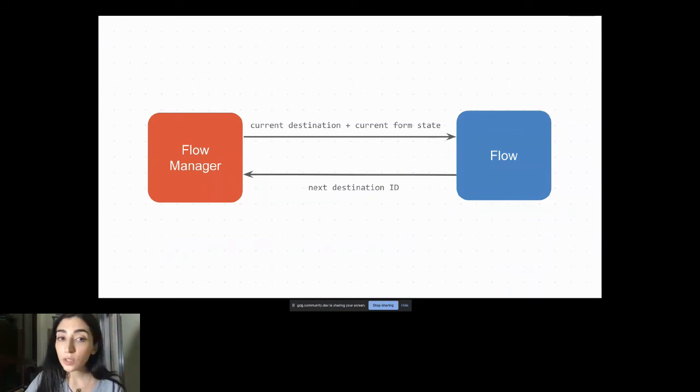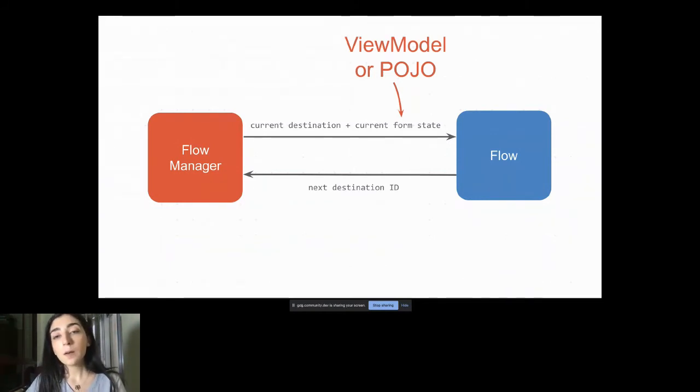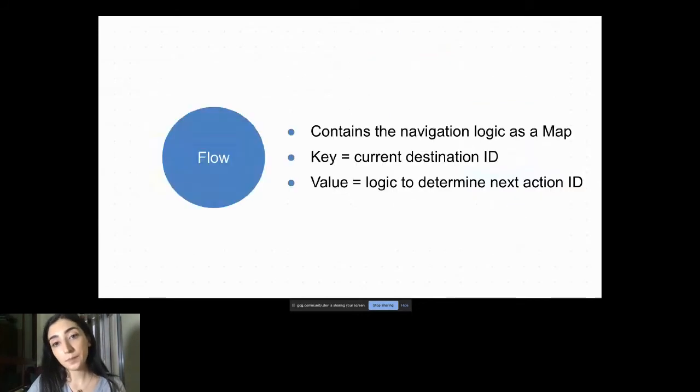What this flow does is that it takes the current destination as well as the object, or it could be a view model or a pojo, something that you need to use in order to navigate. And in return, this flow will return the next destination ID that we need to use in order to navigate.